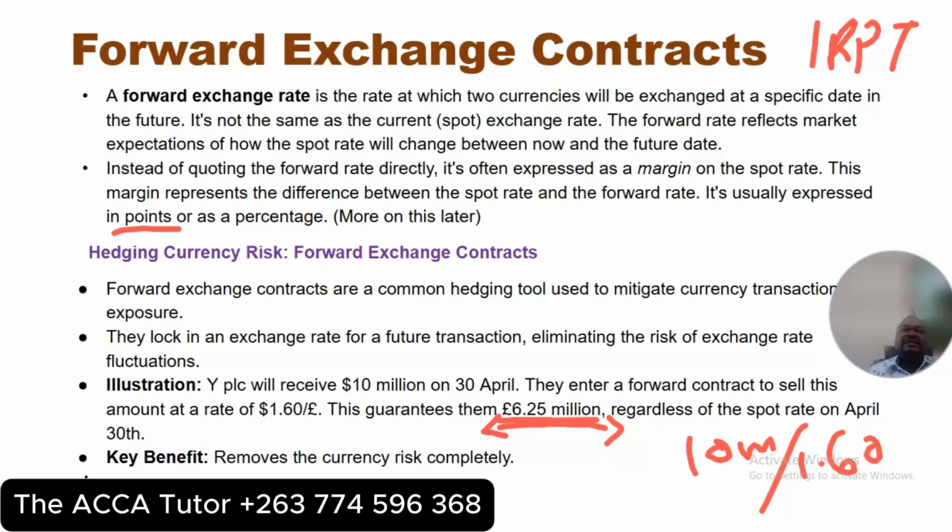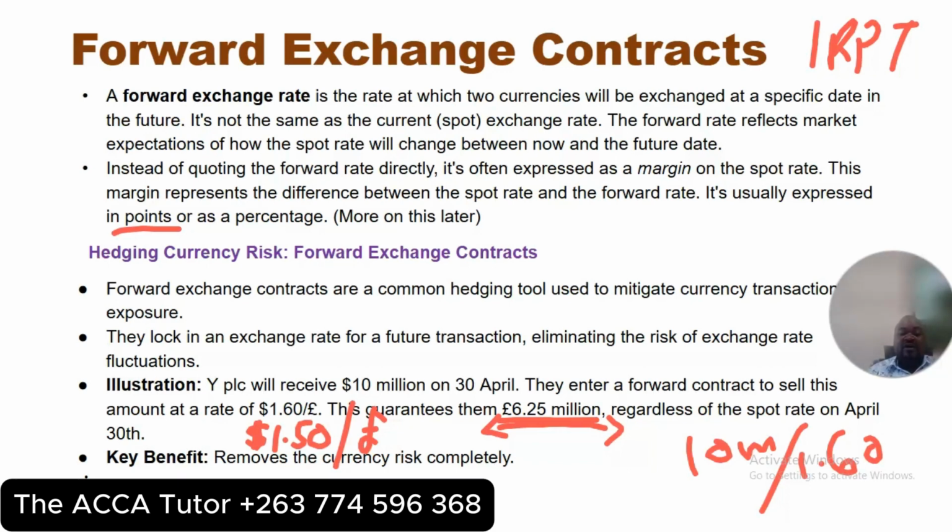However, by the 3rd April, the exchange rate could have been, let's say, 1.50, right? So in that case, we have lost how much? Because if the rate is now $1.50 per pound, it means that we have lost how much?